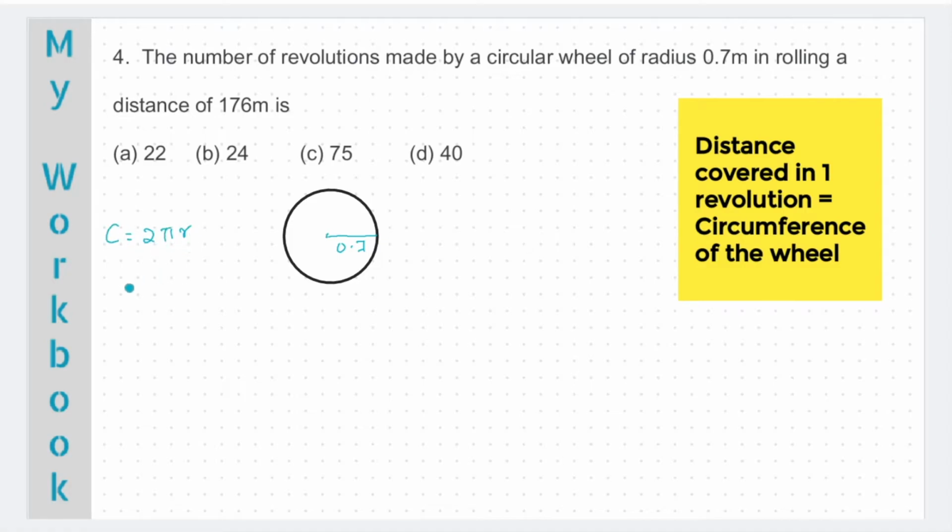So circumference is 2 pi r, 2 into 22 by 7 into 0.7. So it will be 44 into 0.1, so 4.4 meter. So this is the circumference of the wheel. So for one revolution, the wheel will travel a distance of 4.4 meter.